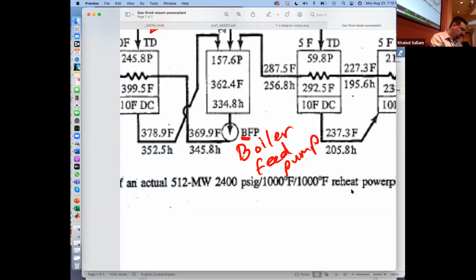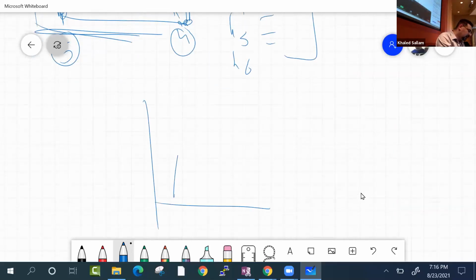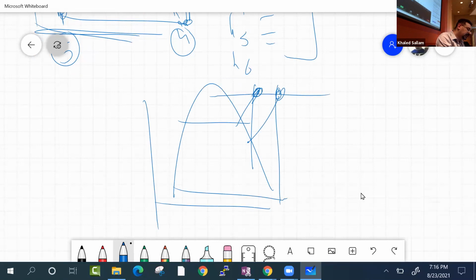Anyone? It is the temperature of the superheater, right? And the reheater. It's saying it's capped at this.